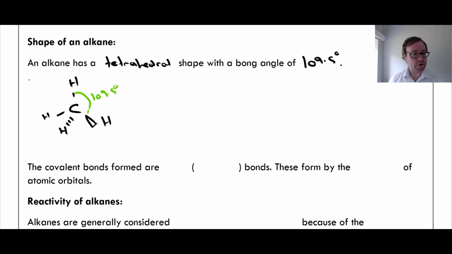Okay, the covalent bonds, these represent the covalent bonds, are sigma bonds. This is my symbol for sigma. These form by the overlap of atomic orbitals. I don't want to go into too much detail because you don't really need to know.